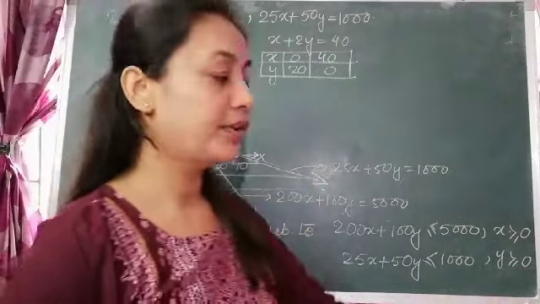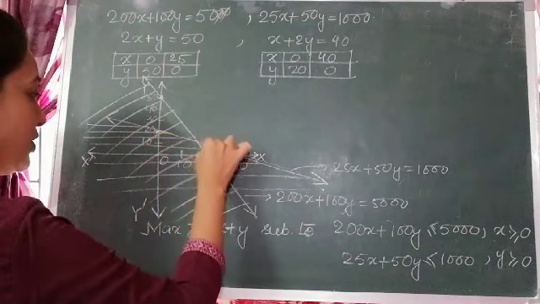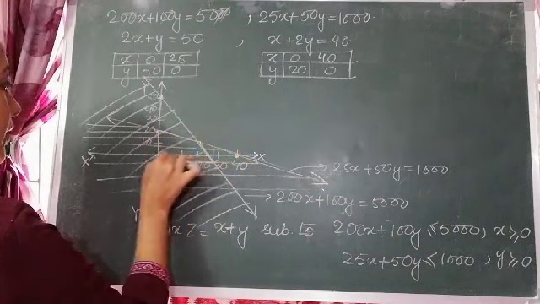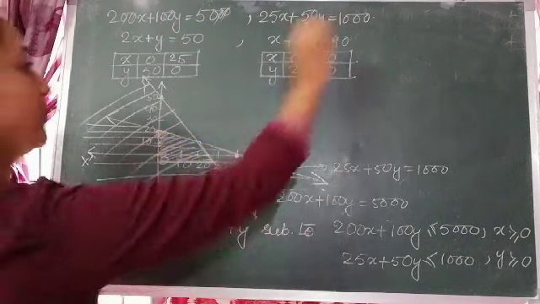And lastly x, y greater than equals to 0, so you have to consider only the region that is in the first quadrant. So this is the feasible region here. It is bounded by 4 points.